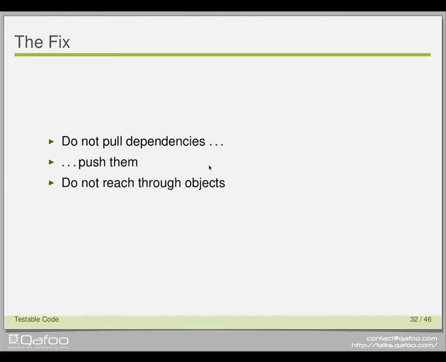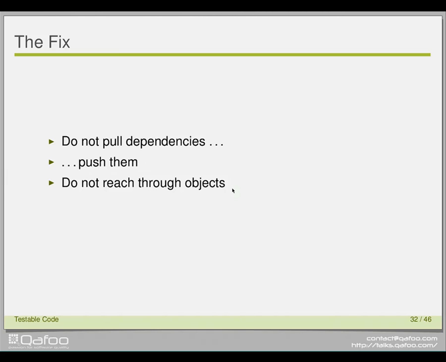But in the end, if you pull dependencies, this harms you in terms of writing your tests, because you need to mock or use the class or the object which you pull the dependency from. And it also harms your code, because some code smells will be hidden from you and you will never ever find them. So the basic idea is to not pull dependencies, but to push them explicitly.